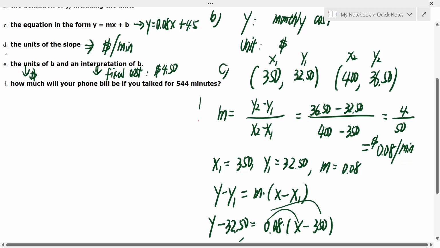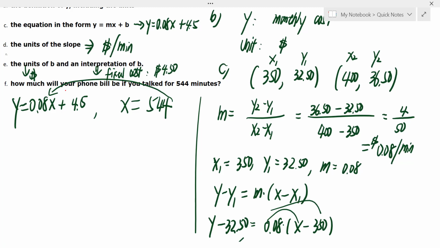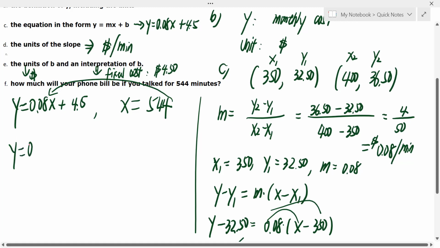And how much will be your phone bill if you talk for 544 minutes? Now we have an equation here, and we are computing total cost for one x value, equals 544 minutes. So now we plug in 544 minutes, and then we can solve for the y value, which is total cost. 0.08 times 544, plus 4.5.